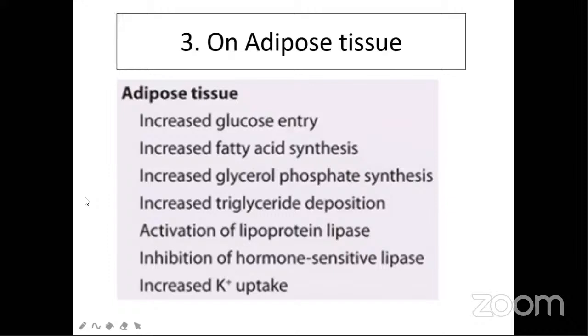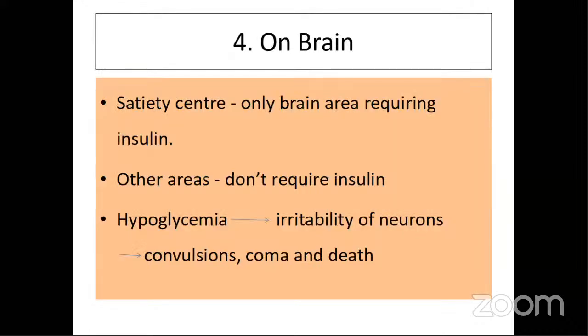Now about the actions on the brain. On the brain, I've told you the satiety center is the only brain area requiring insulin. All other areas don't require insulin. Understood?